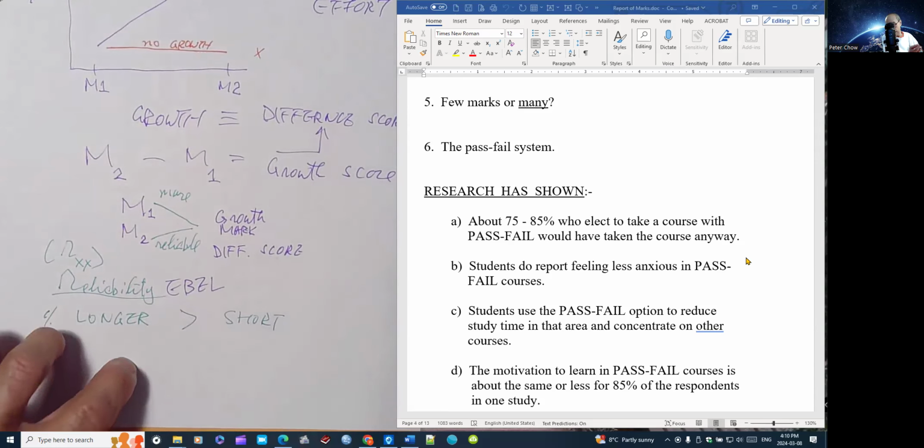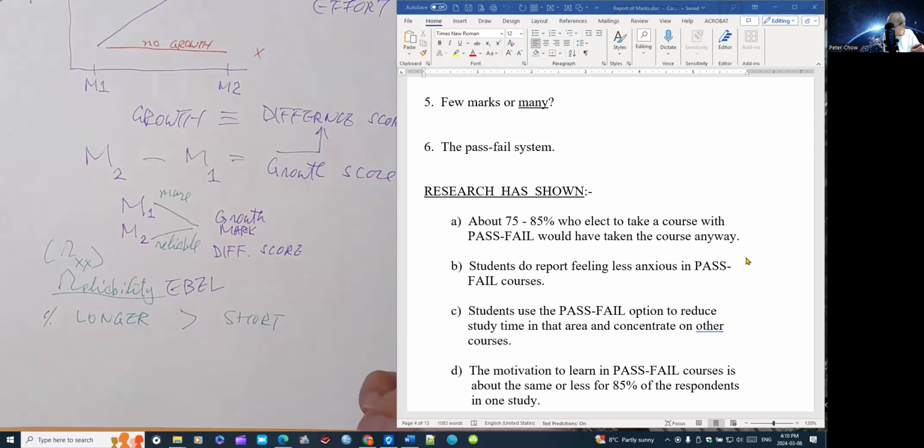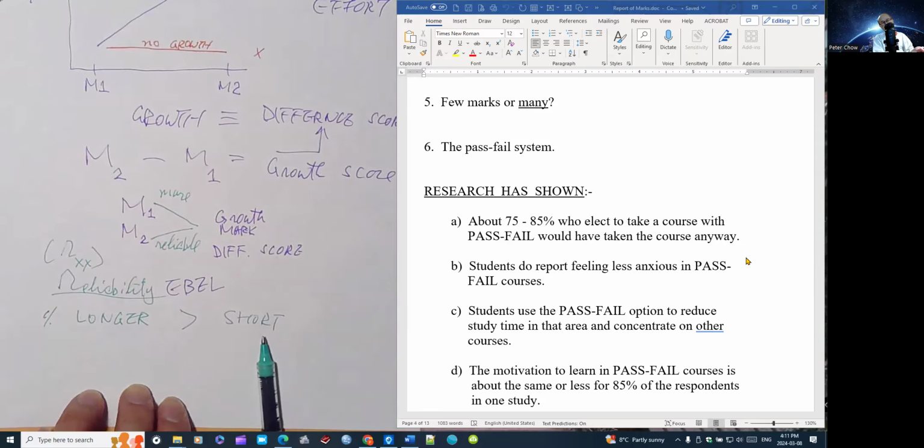Why? You have more test items, therefore you can measure the examinee a lot more accurately than if you have only a few items. So let's go to the two extremes.